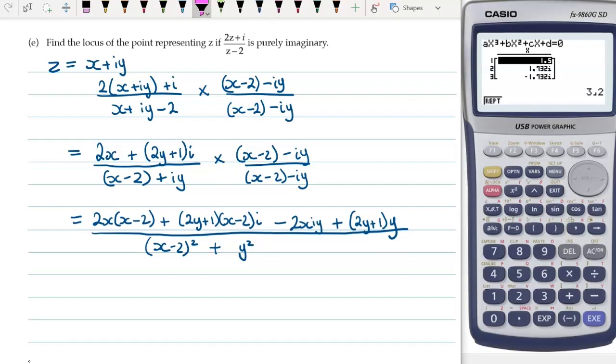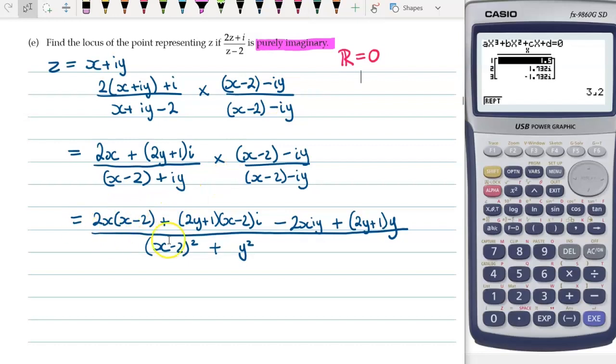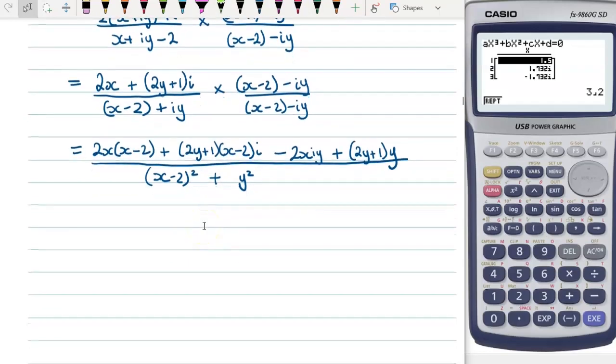Now the next bit that I'm going to use to our advantage to save us some effort here is that this is purely imaginary, which means that the real portion of that number will be equal to 0, or rather the real portion of this expression that we just worked out will be 0. So let's take that out.